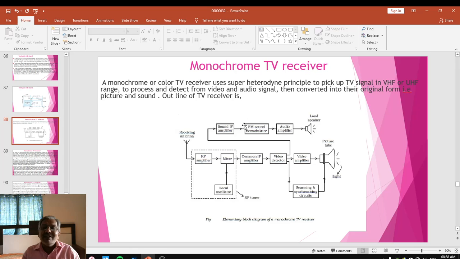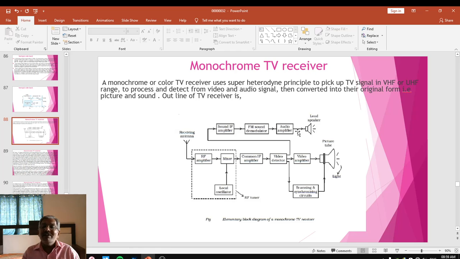So to detect the sound signal, discriminator circuitries are used here. Maybe it is a ratio detector or a Foster-Seeley detector that detects the audio signal, separates the carrier wave from that, and only the audio electrical signal is given to the audio power amplifier.